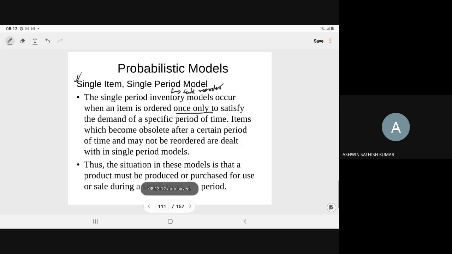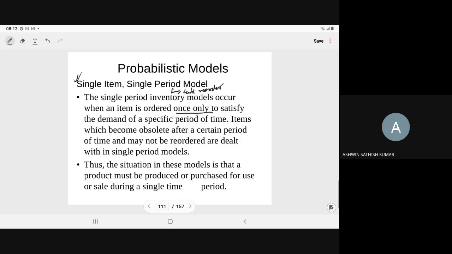Such examples are Diwali crackers business, calendar business, and newspaper. In the newspaper, whatever order you have, that much you have. You cannot order on the same day. So newspaper, perishable items are all of the single period model.